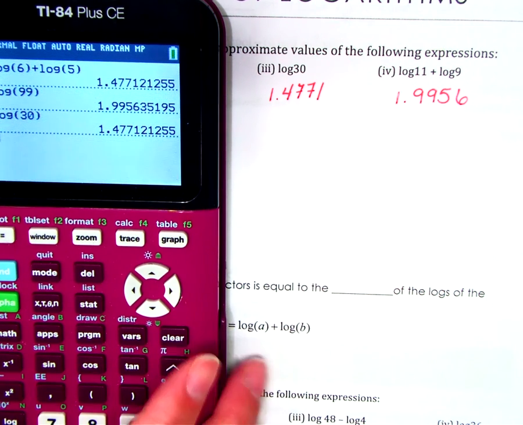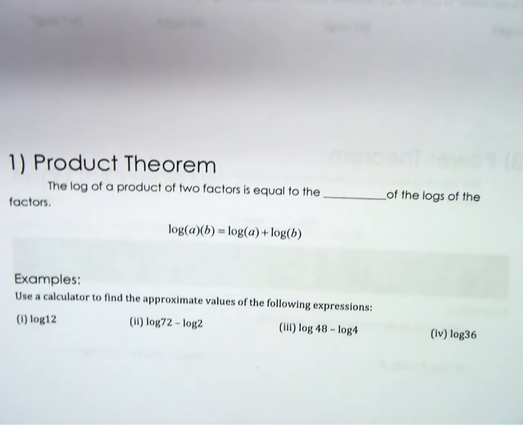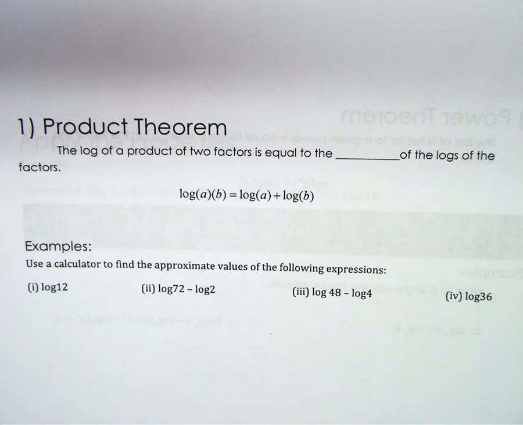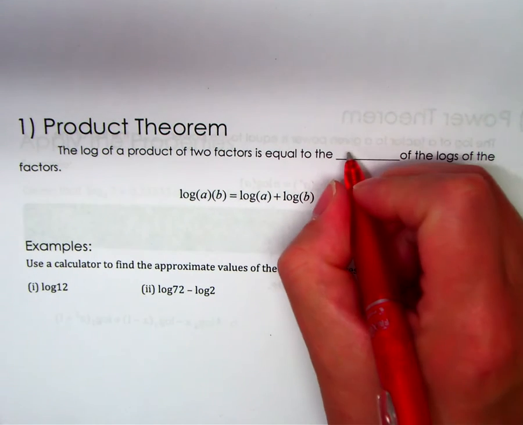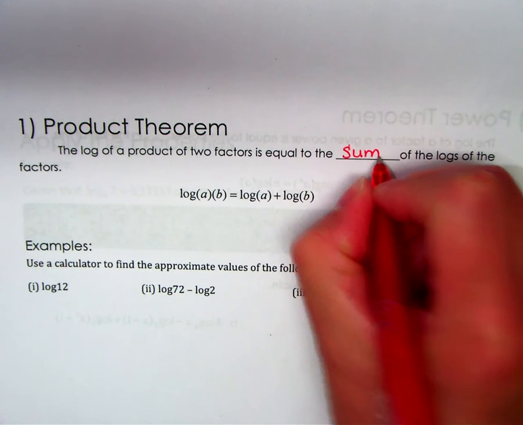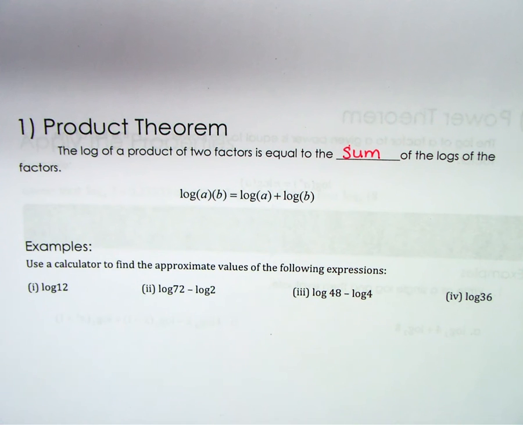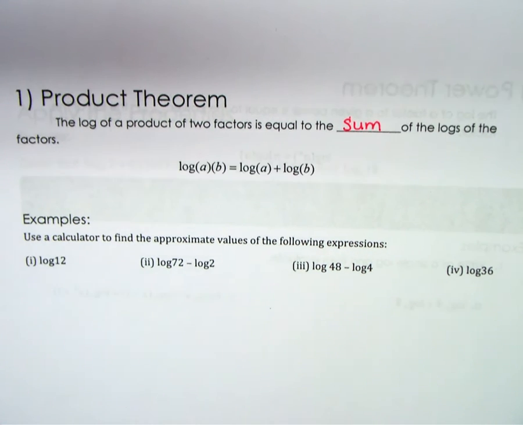You just discovered a log law. You've discovered the product law or theorem, whatever you want to call it. So the log of a product of two factors is equal to the sum of the logs.